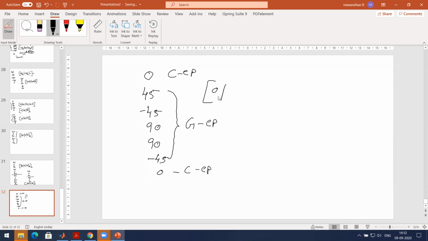0, put a notation that is carbon, and then plus and minus 45, you have glass, and then you have 90 two times, or we can take the symmetric, right?